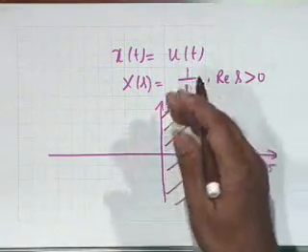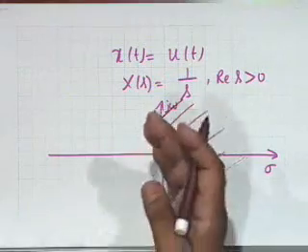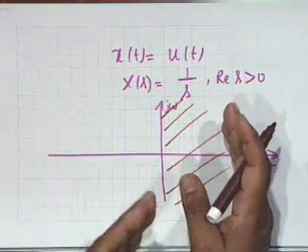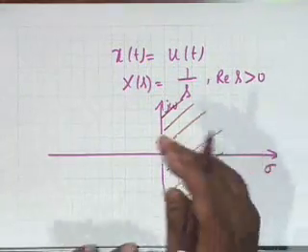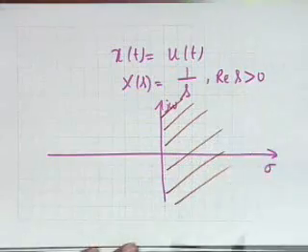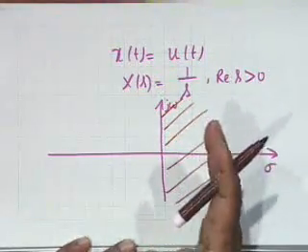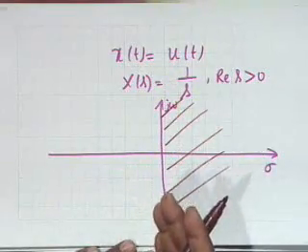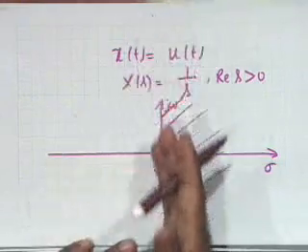Now, what happens to the j omega axis? It can be claimed by the right half plane as well as the left half plane, because it is a boundary. It is the transition region between the left half plane and the right half plane. When I include the j omega axis in the right half plane, then we say it is a closed right half plane. That means it is closed on this side.